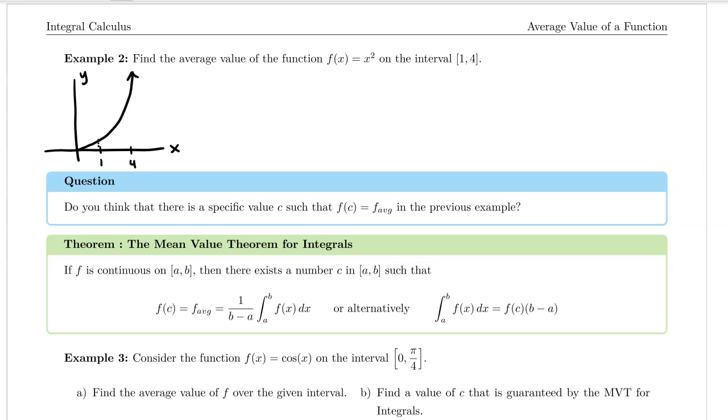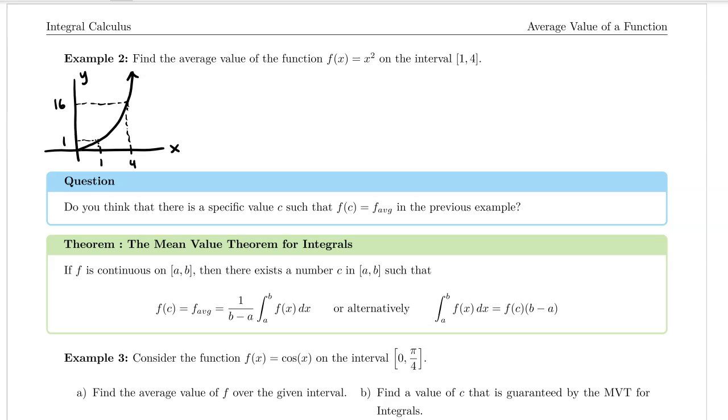So I know that when I plug in 1 into my x squared function, my output is 1. And when I plug in 4, my output is 16. So I want to find basically the average y value on that curve between x equals 1 and x equals 4.